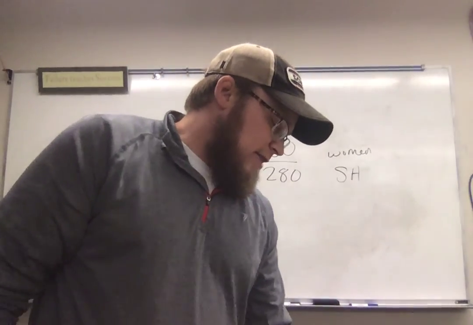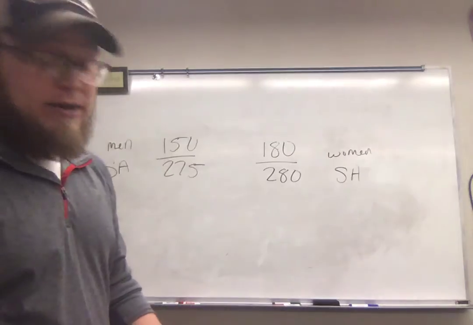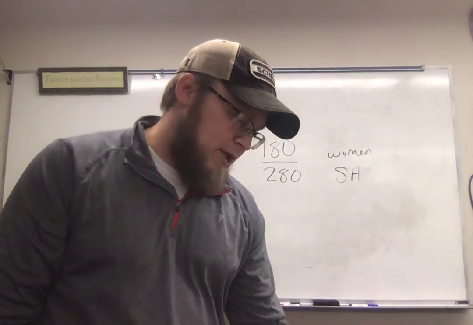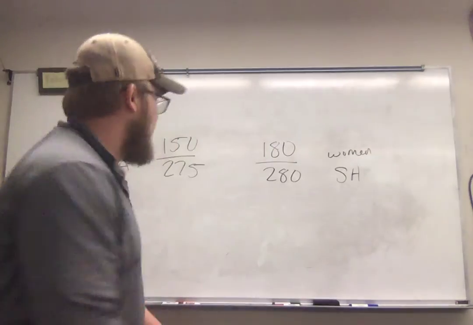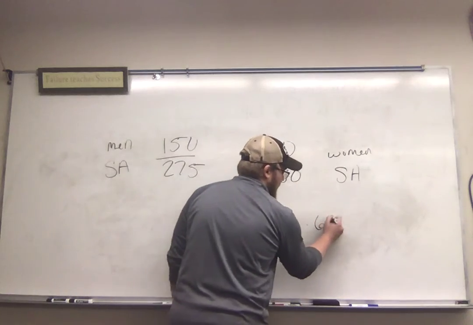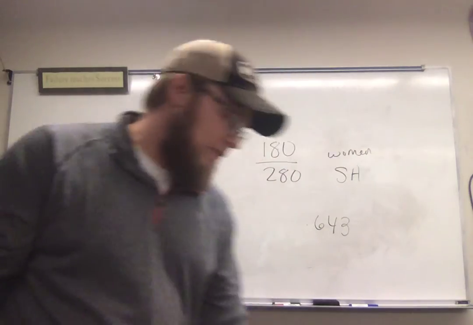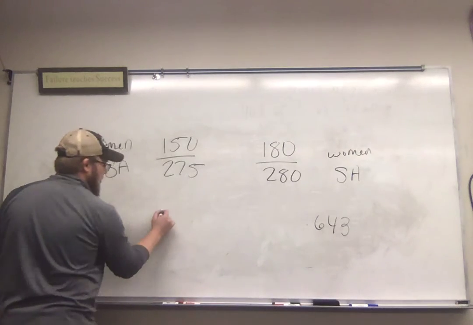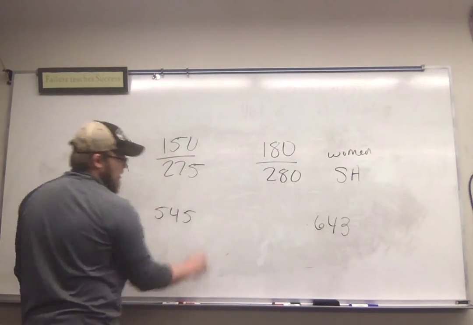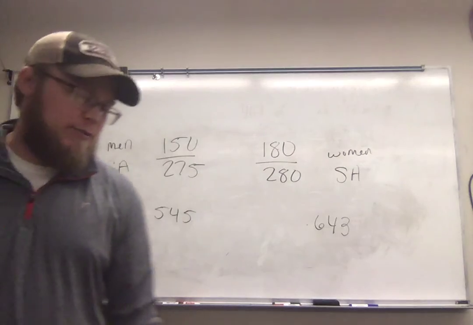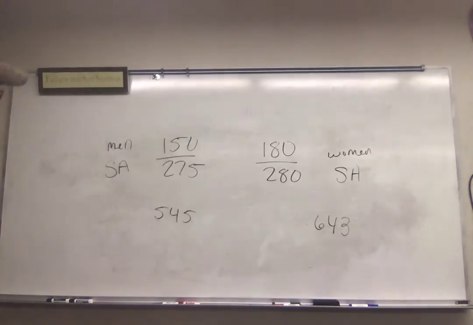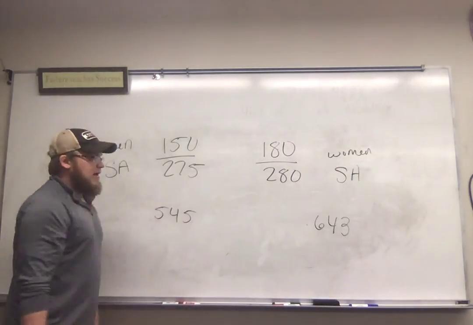So they also don't say, like letter B, 0.643 of the women and 0.545 of the men strongly agree with the mayor. They don't write it like that, even though, I mean, it's the same.